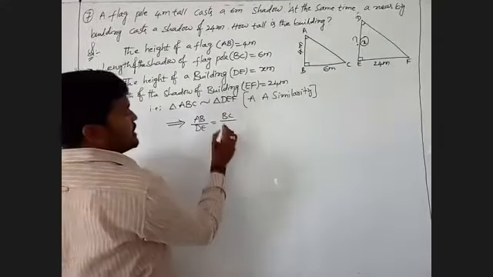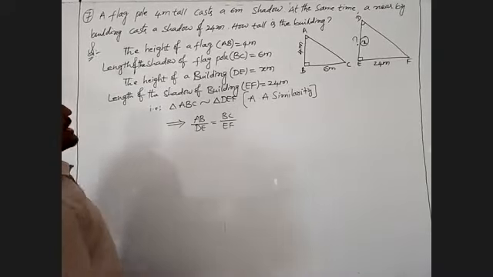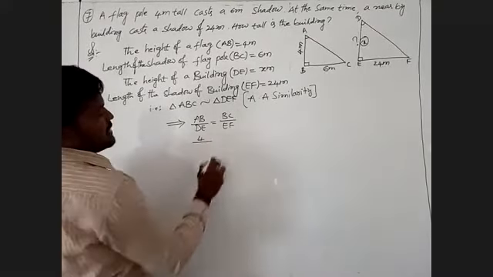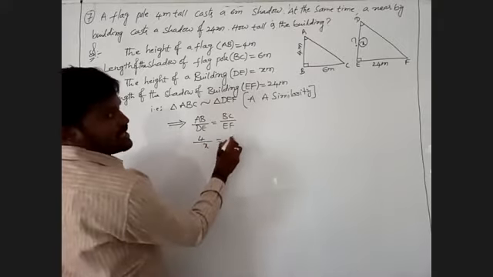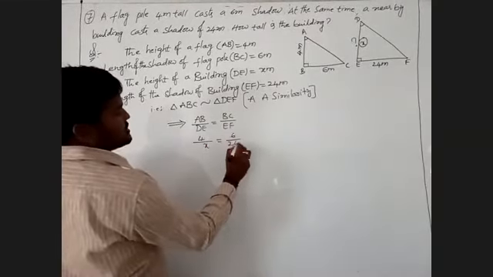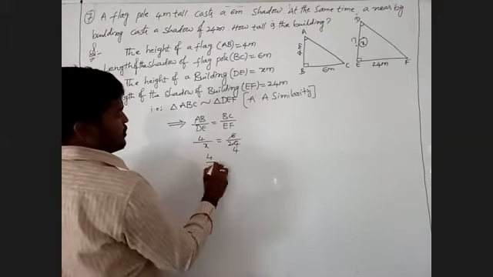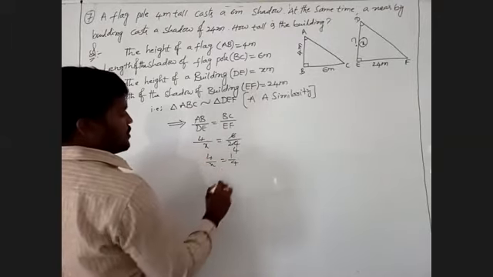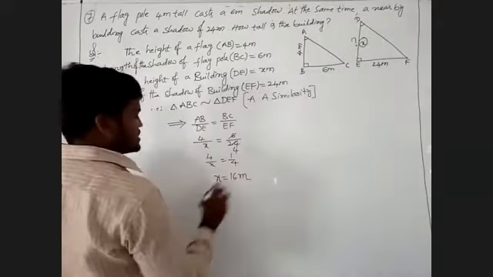Substituting their values, AB is 4 meters, DE is X, BC is 6, EF is 24. 4 by X is equal to 6 by 24, which is 1 by 4. By using cross multiplication, X is equal to 16 meters.